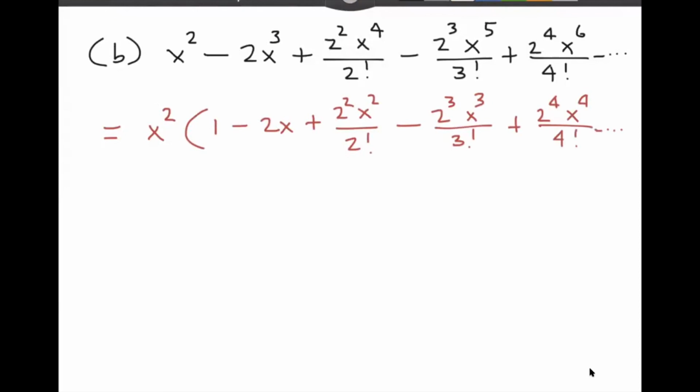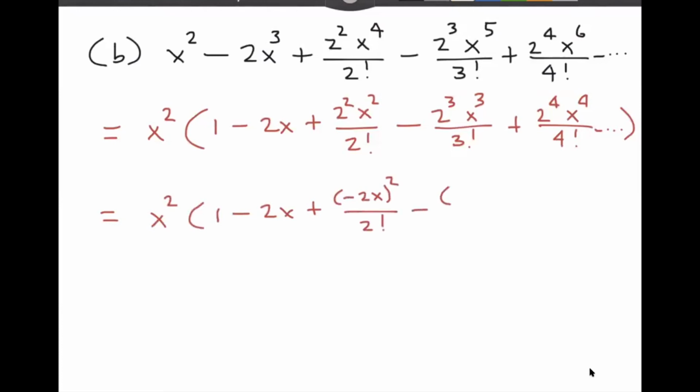See, doesn't that look nicer? And I can take it one step further. Instead of writing 2 squared x squared and 2 to the 3rd x to the 3rd and all that, notice how the signs are alternating. The way we can make that happen is to put a negative 2x in here.